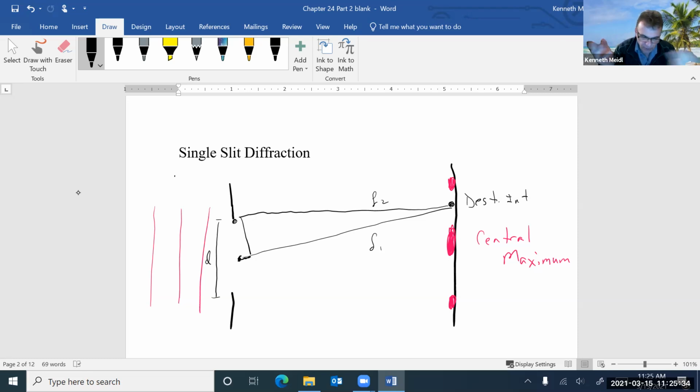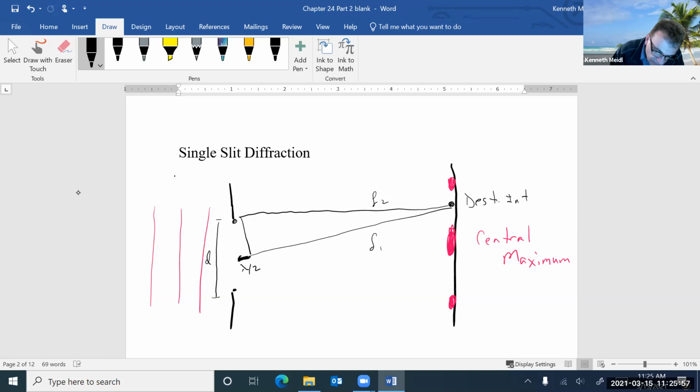There's no amplitude there whatsoever. So this path difference, that little piece right here, has to be something like half of a wavelength.